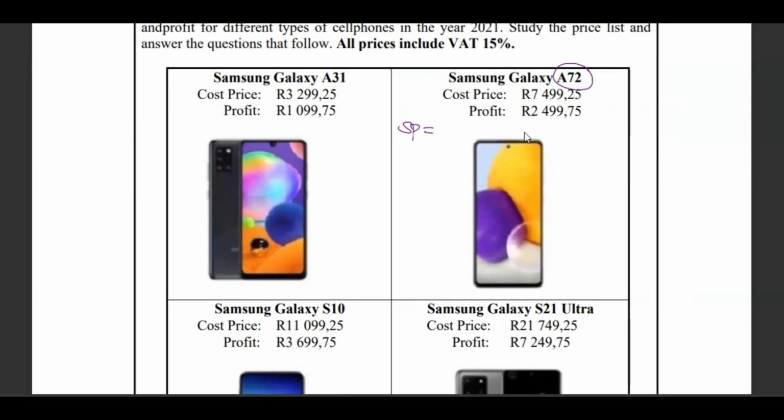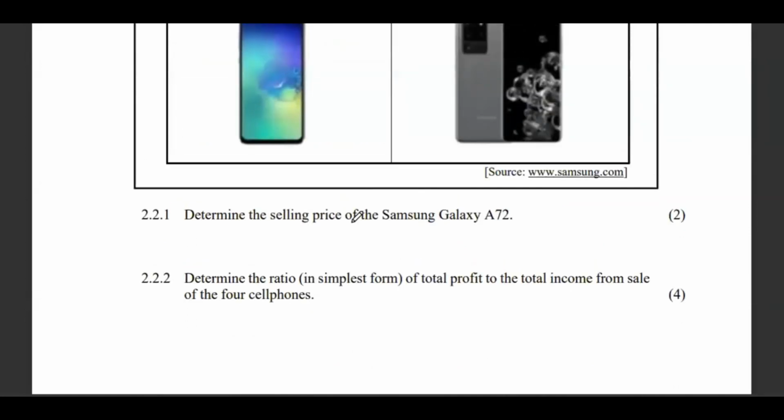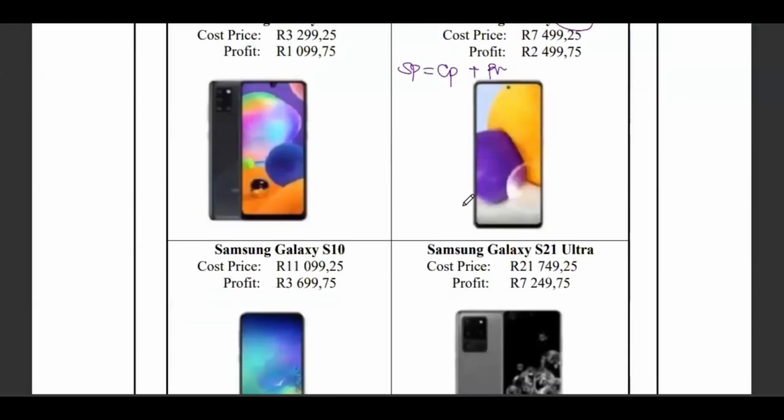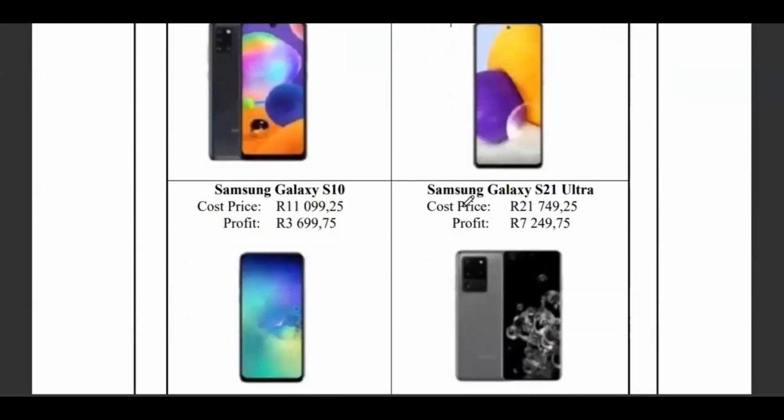But we have the cost price, and we also have the profit. Remember, when you're looking for profit, you say selling price minus cost price. So we have the profit already as 2,499.75.